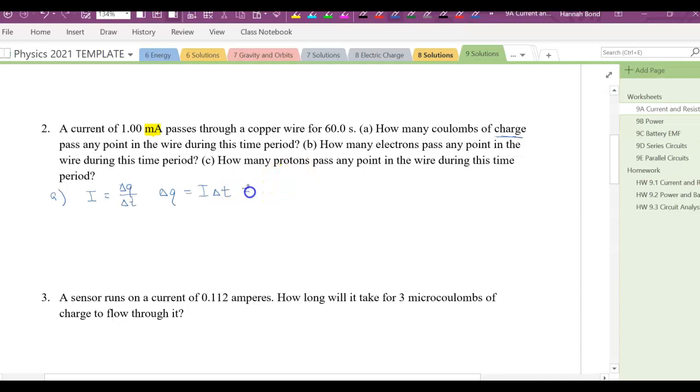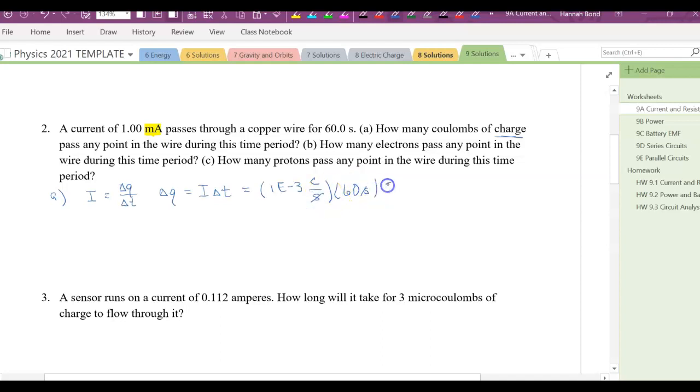Okay, so they told me the current is 1 milliamp. I better convert that to amps. I know that milli means 10 to the negative third. So 1 e to the negative third, and that's amperes, right? And an ampere is a coulomb per second, and the elapsed time is 60 seconds.